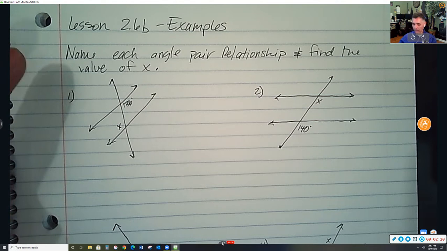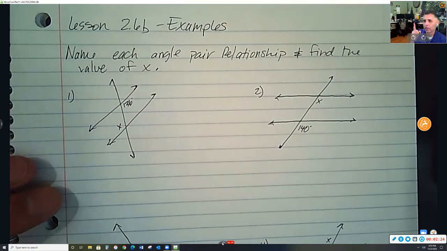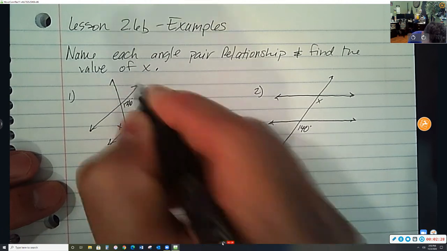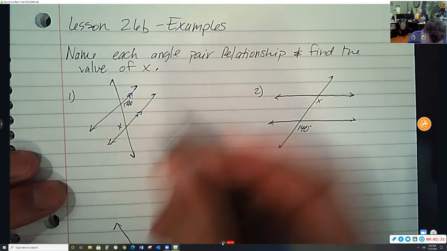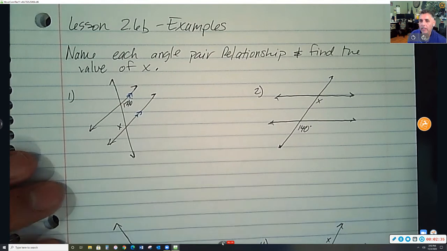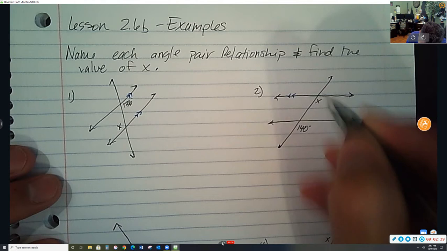Okay, now most of the time, not always, but most of the time, and you know what, I forgot to bring this up last class. Whenever two lines are parallel, they'll always have these parallel marks on them. So these two marks tell me they're parallel. If they don't have that on there, you can't assume they're parallel.